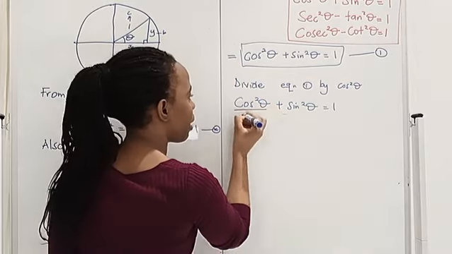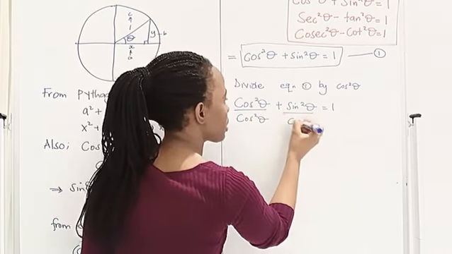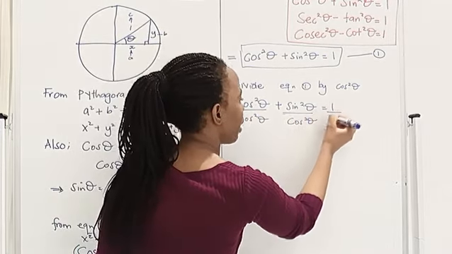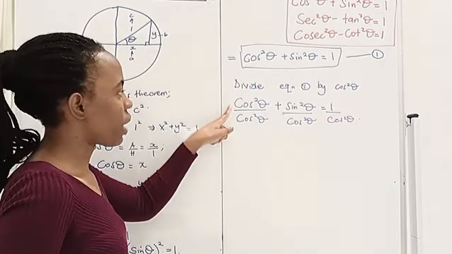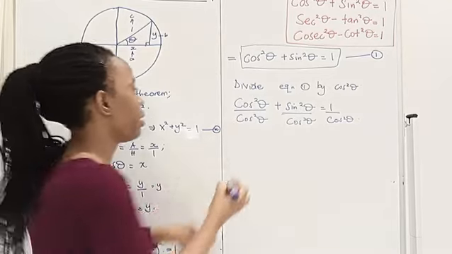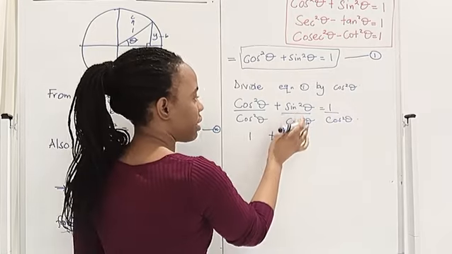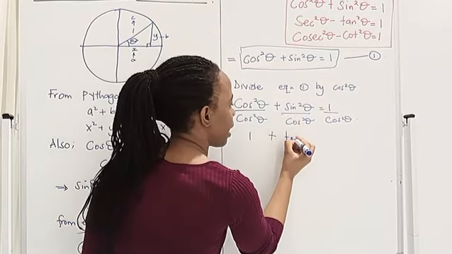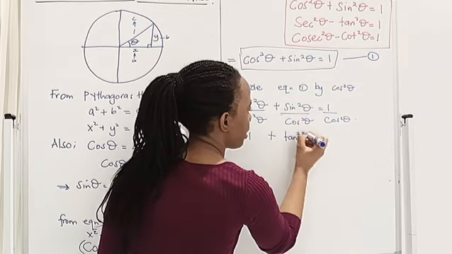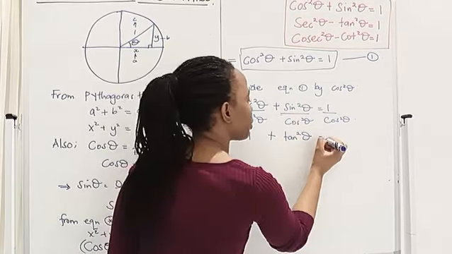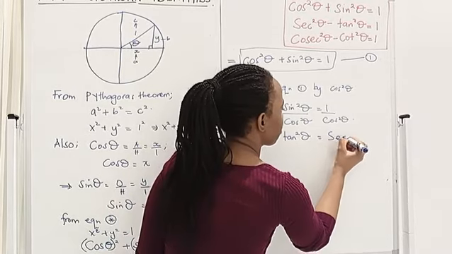Now you divide through by cos squared theta by cos squared theta by cos squared theta. Okay, cos squared theta divided by cos squared theta, we get 1, plus sine divided by cos, you get tan. Okay, but this is squared, so we say tan squared theta equaling to 1 divided by cos, you get sec.